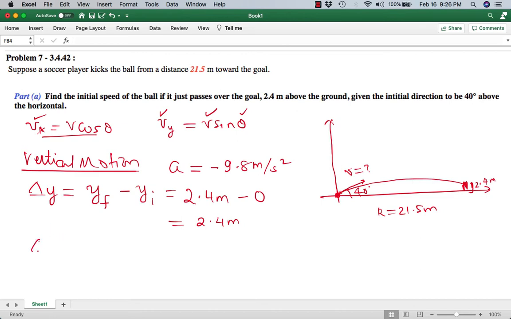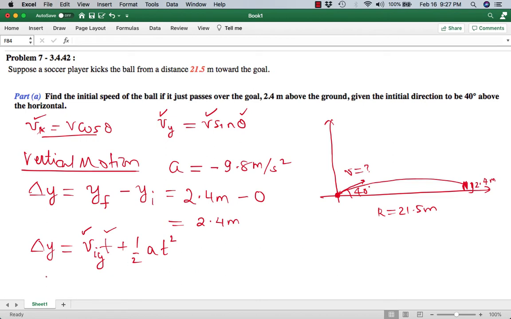So we can use this formula. Delta y is equal to Viy t plus 1/2 a t squared. Now we do not have this quantity and this quantity, so that means there are two unknowns here.